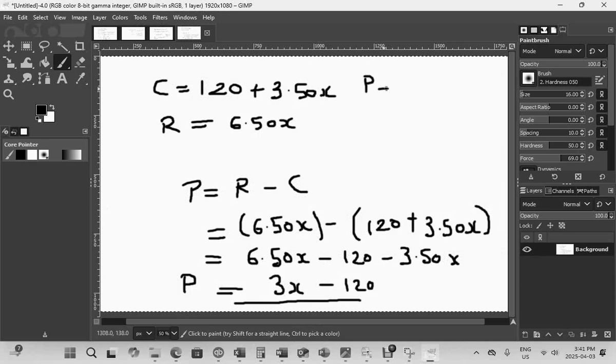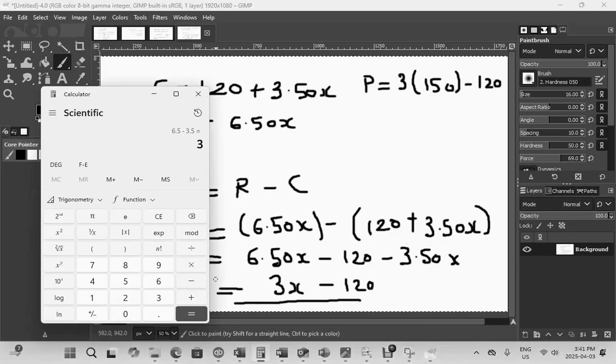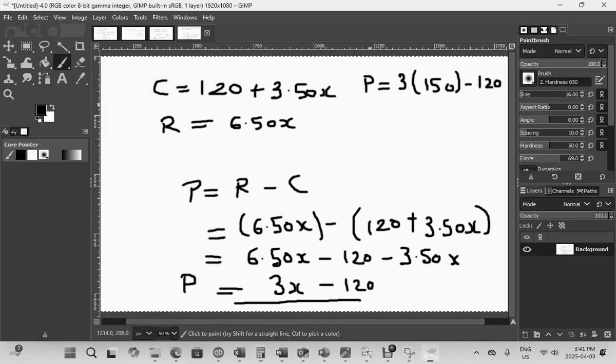Profit equals 3 into 150. Let's say you made 150 t-shirts, take away 120. So we know that 3 into 150 is 450. Take away 120 will be 330. So your profit is $330.